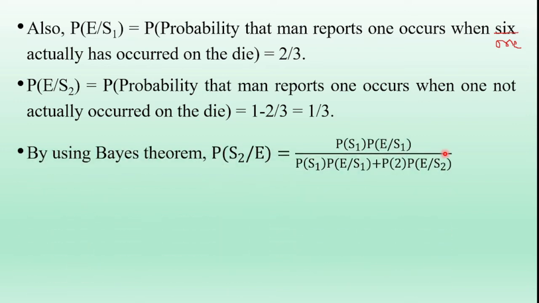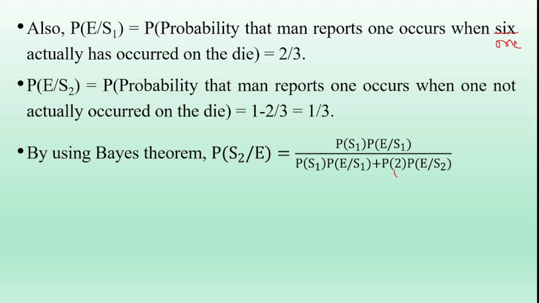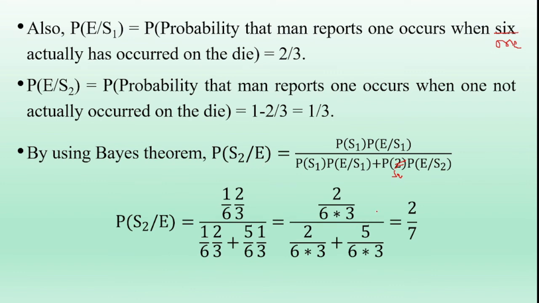So using Bayes' theorem, probability of S1 given E is equal to probability of S1 times probability of E given S1, divided by probability of S1 times probability of E given S1 plus probability of S2 times probability of E given S2. Substituting probability of S1, probability of S2, probability of E given S1, and probability of E given S2 into this equation, we get the probability as 2 by 7.